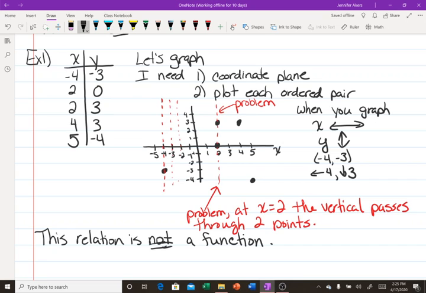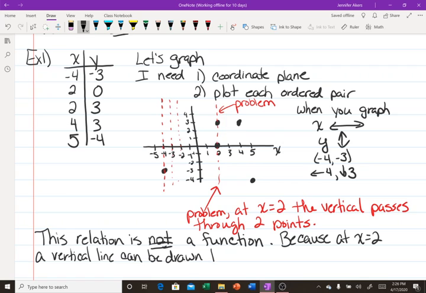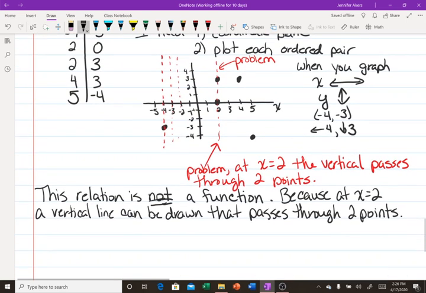Because at x equals 2, a vertical line can be drawn that passes through 2 points. So this fails the vertical line test.